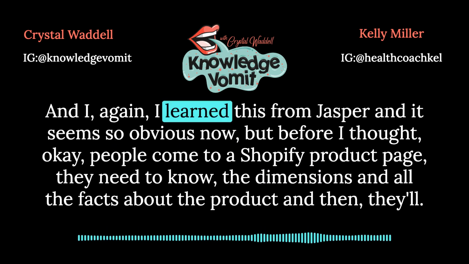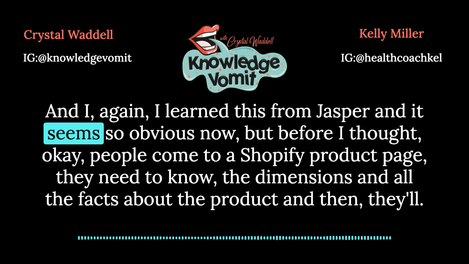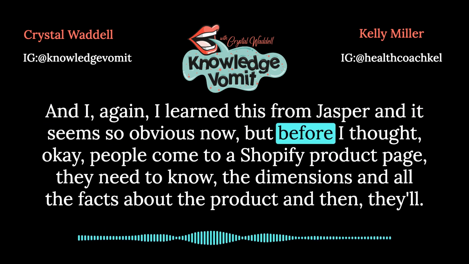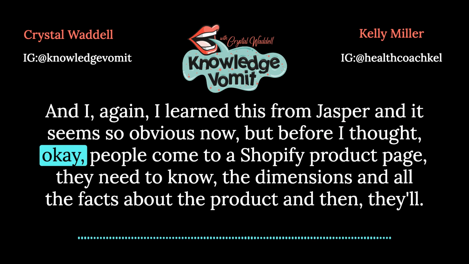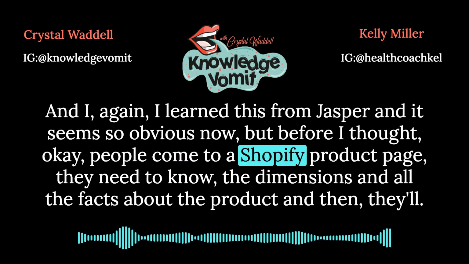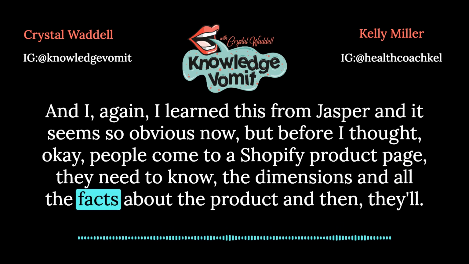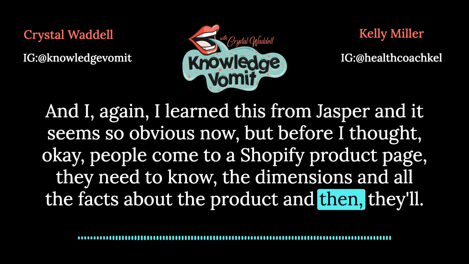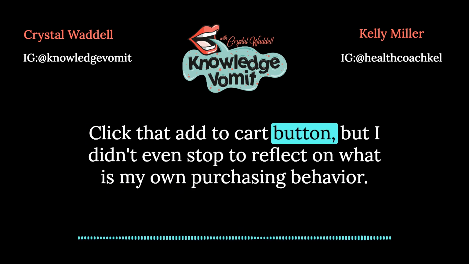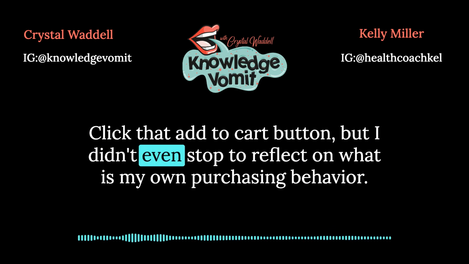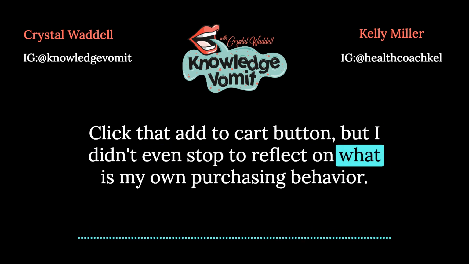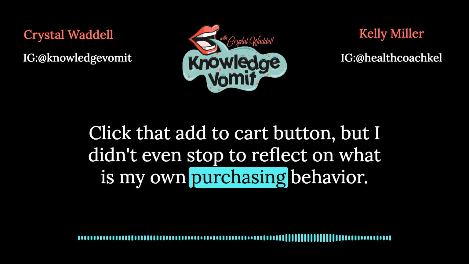And I learned this from Jasper and it seems so obvious now. But before I thought, okay, people come to a Shopify product page, they need to know the dimensions and all the facts about the product, and then they'll click that add to cart button. But I didn't even stop to reflect on what is my own purchasing behavior.